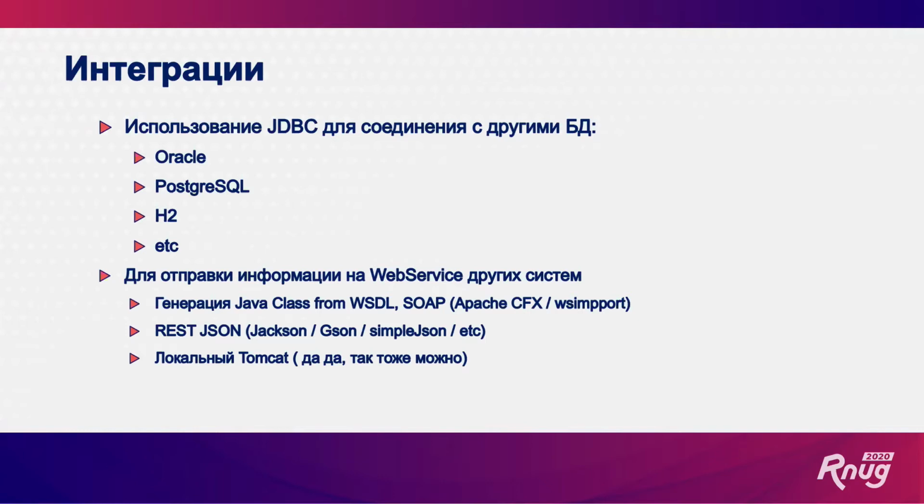Then REST services, well, JSON: Jackson can be used, simple JSON can be used. A lot of different libraries can be implemented here. And we can also work with a local Tomcat. At the Code.by forum, within the Telegram chat that I indicated at the beginning of this presentation, I said that you can install Tomcat on the local machine, and through the client and through HTTP, you can transfer parameters, and it will do some Java work that takes a lot of time on Lotus, or maybe you just don't want to load the server.